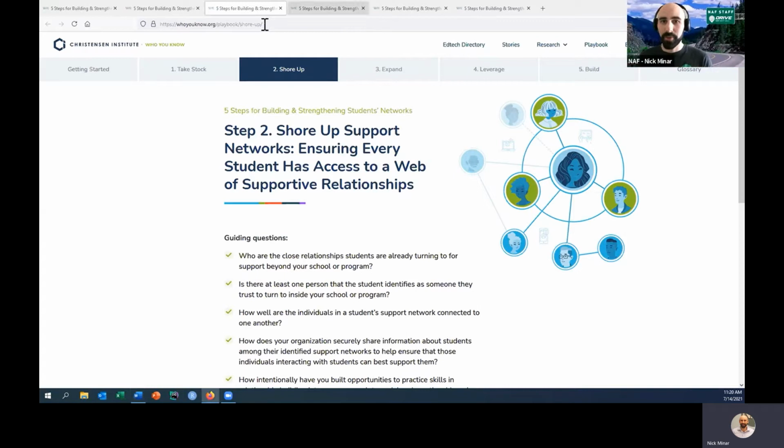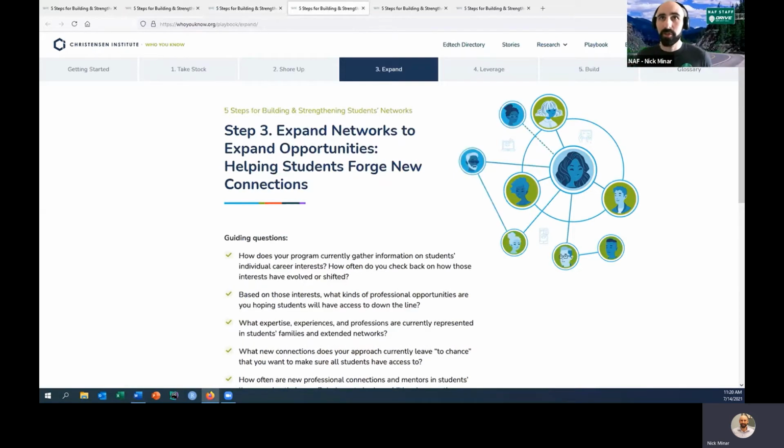Excellent. Let's pivot to step 3, expanding networks, helping students forge new connections. Now, this step in the playbook is described as helping students make those industry-specific connections, so they're exposed to people working in their career cluster or career path that interests them. One interesting thing the research says about this section is that students know they should be making those types of connections, but they often struggle to make them.